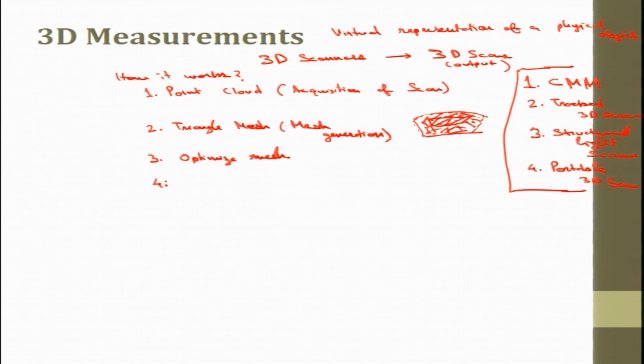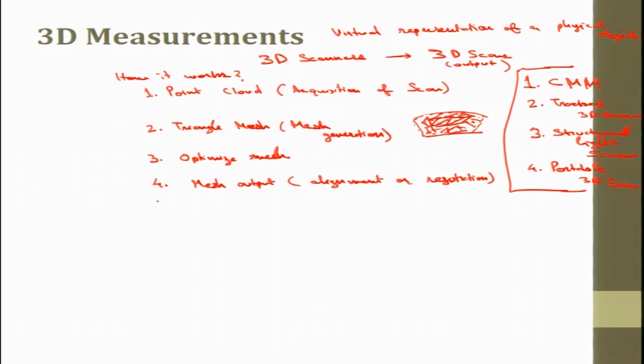This process is called alignment or registration, or we can call it mesh output. We have scanned from different views, and when we align those surfaces to get this specific solid shape, this is known as the complete mesh output.